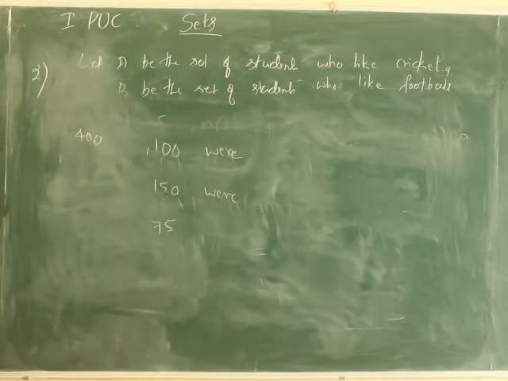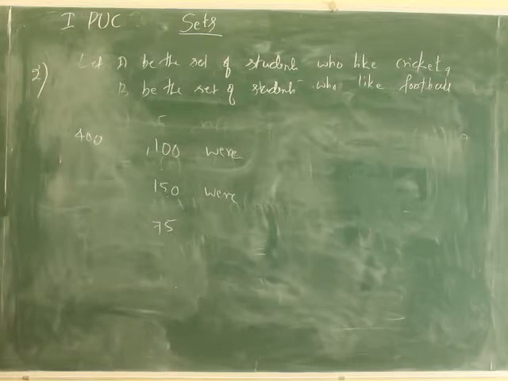Next, we have to calculate how many students were taking neither apple nor orange juice, those who are not taking apple or orange juice.